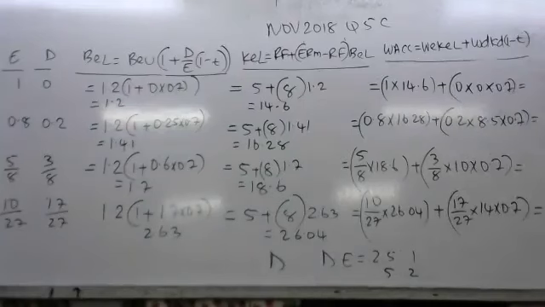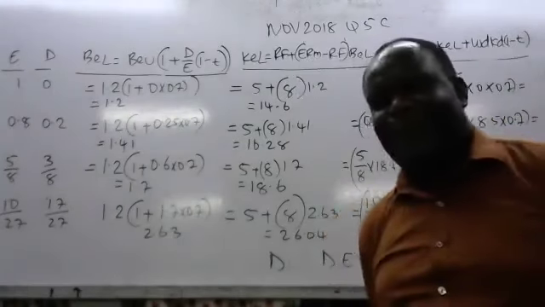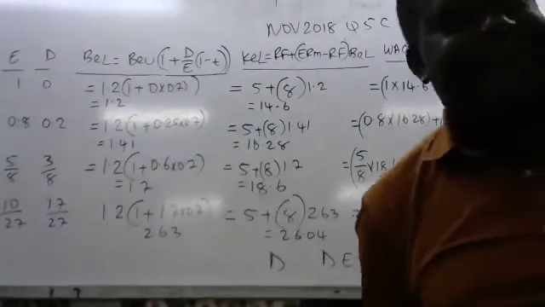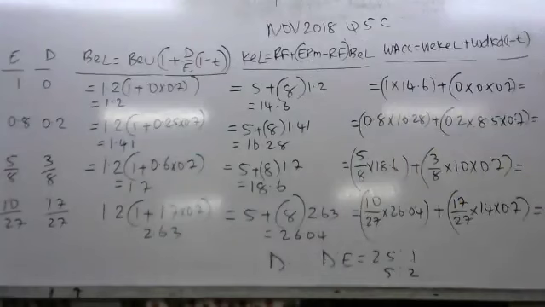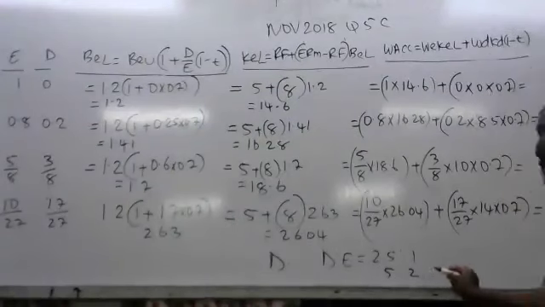So it is the same as 5:2. So when you add them, they will be giving us 7.